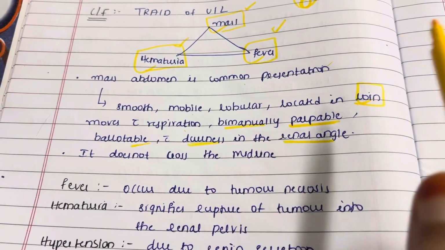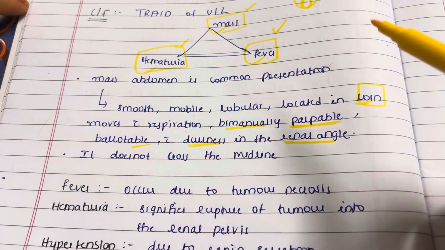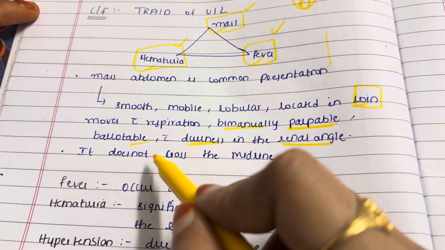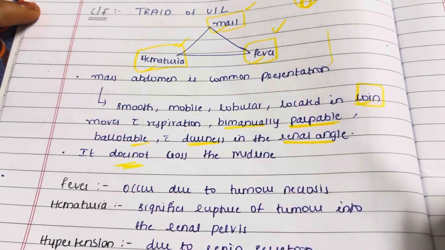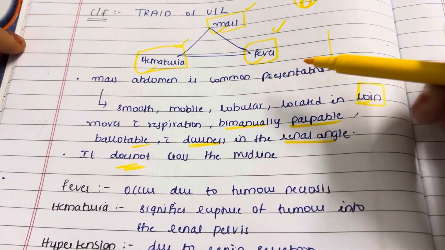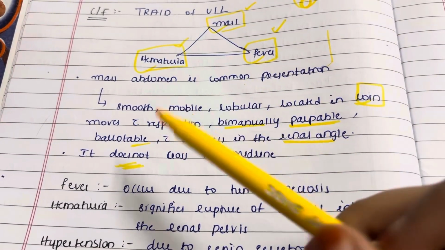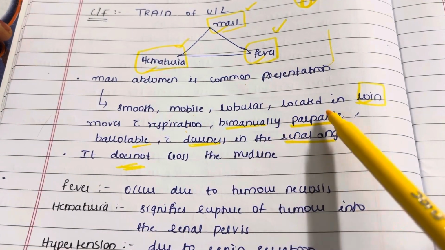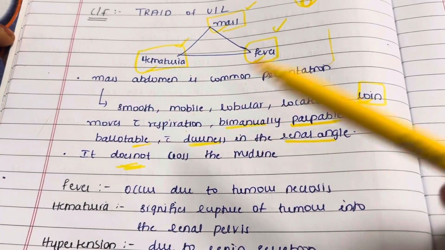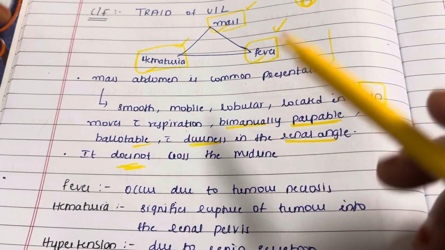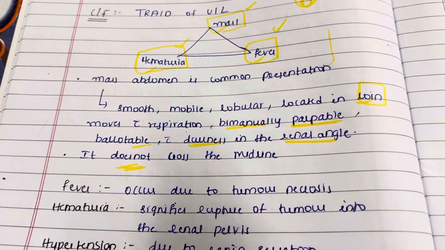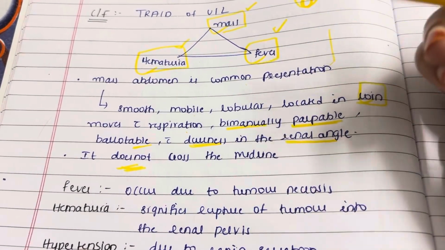It does not cross the midline. Smooth, mobile, lobular, in the loin, moves with respiration, bimanually palpable and ballotable, dullness in the renal angle, and it does not cross the midline. These are the main things in the clinical features that you need to remember.